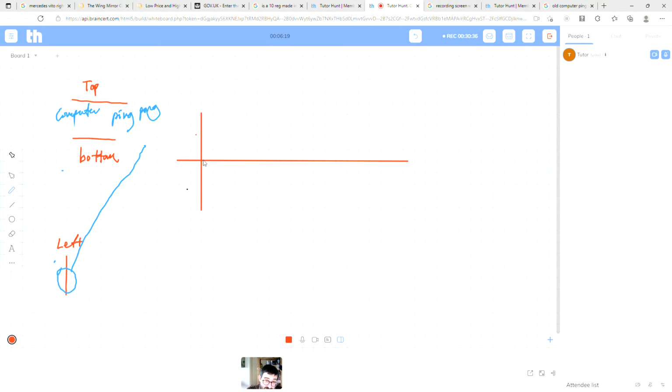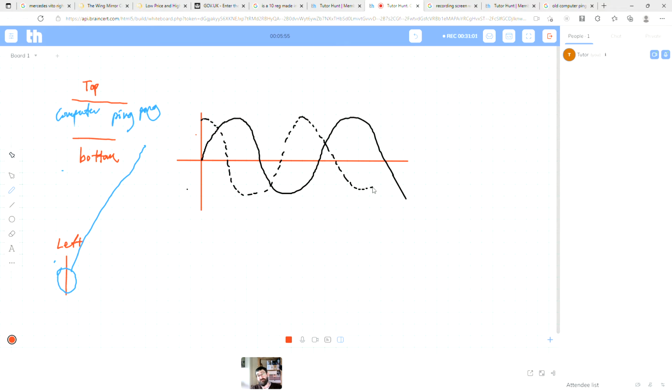So if I have the sine function here, and you'll have to forgive me because I'm not using the grids, so the period is probably out a bit, but that's roughly what a sine function looks like, right? And I could have a cosine function and it will look a bit like this, and they're just phase different. They're just the same graph moved left or right of a sine function.